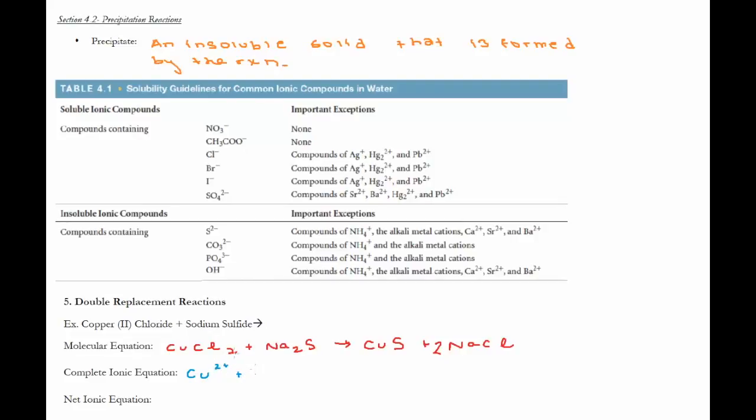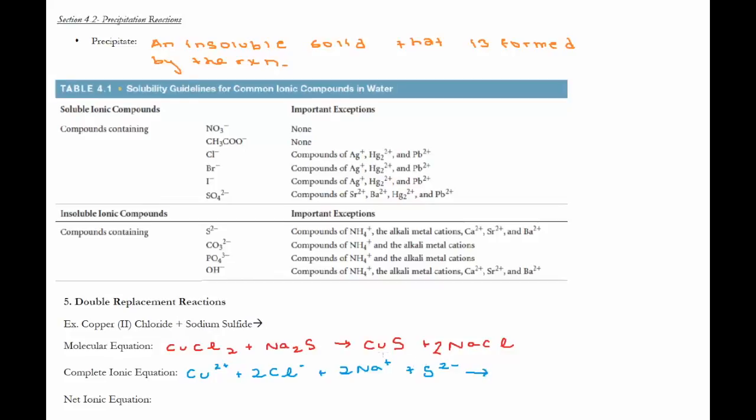Then I'm going to have 2 chloride ions, so 2 Cl- plus 2 sodium ions, and I know that's soluble because sulfide ions are insoluble except when they're with alkali metals, which is all group 1 metals. So this is going to be soluble, plus sulfur with a 2- charge.